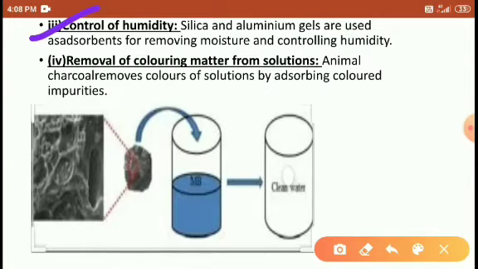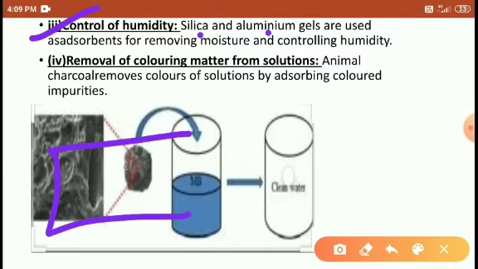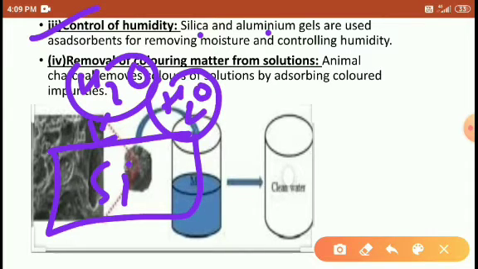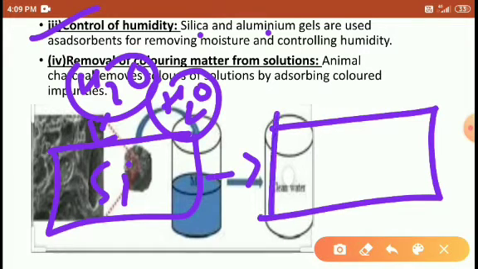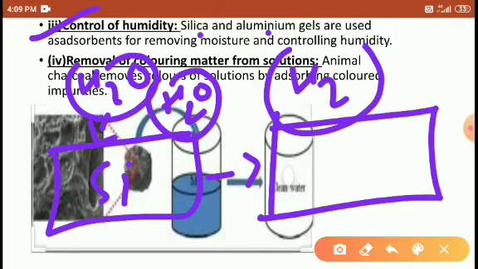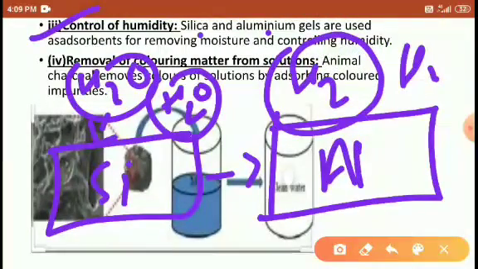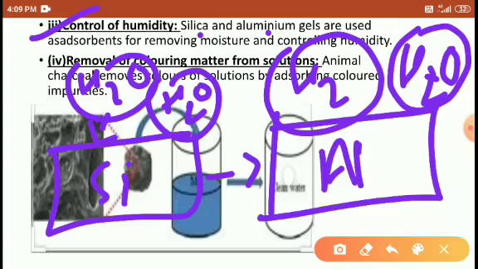Third one, control humidity. Silica and aluminum act as adsorbents. When we use the silica gel, it adsorbs the moisture on its surface. Alright students. Aluminium also acts as an adsorbent to absorb the H2O particles.